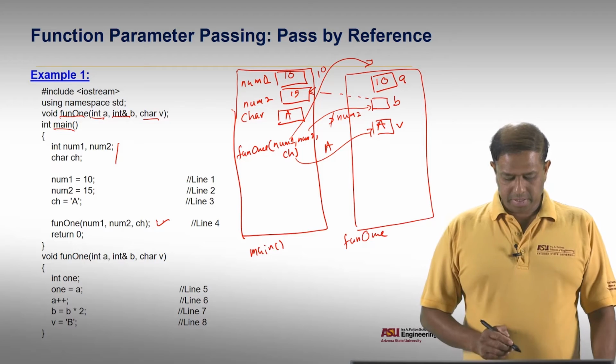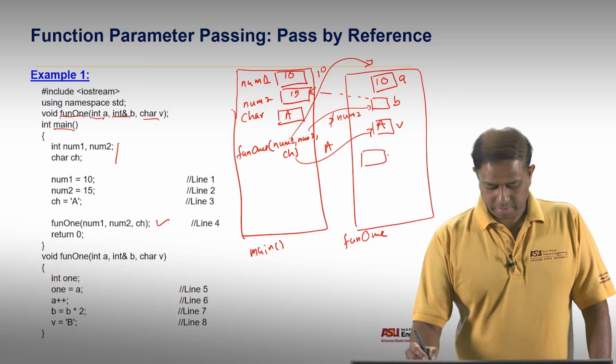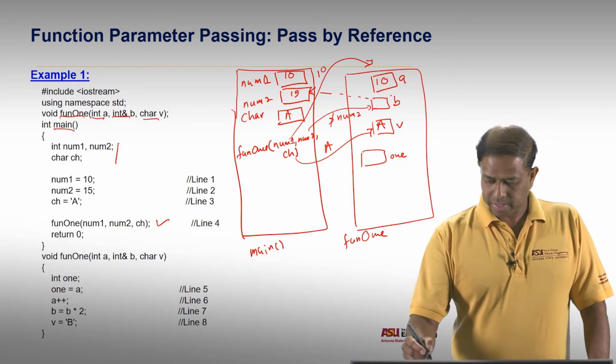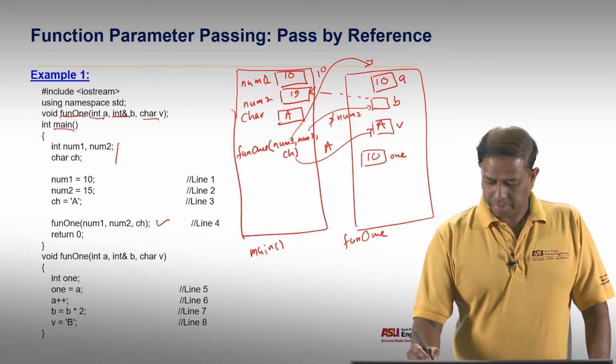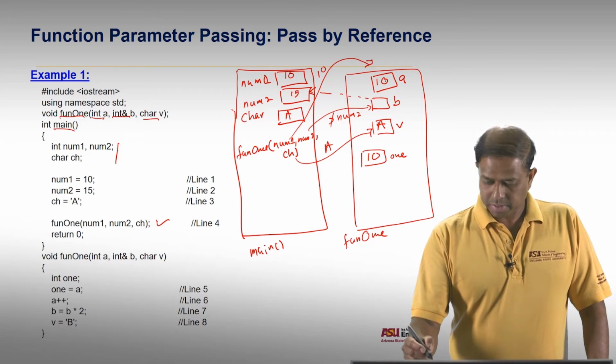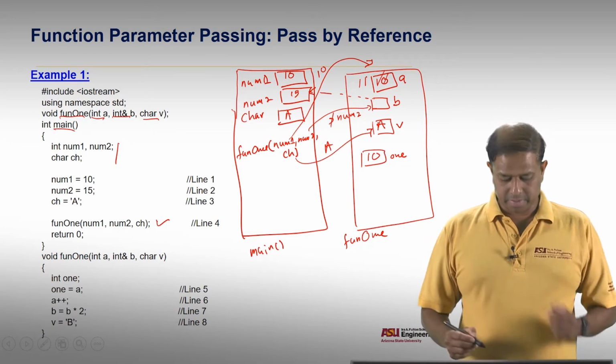Now inside the method, we are declaring another variable called l, int l. Then we are saying l equals a, so the value stored in a will be copied to l, and then we say a plus plus. That means we are going to increment a by 1, so a will be 11 at this point.